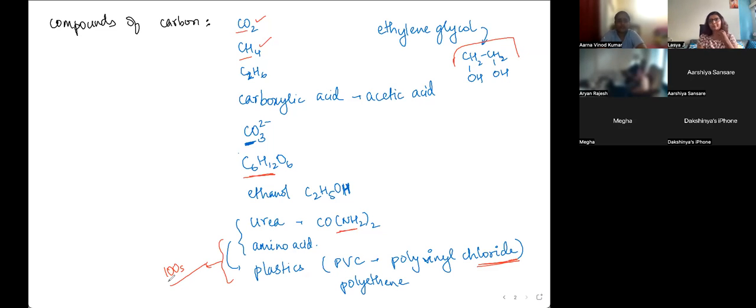So what is so special about carbon that all of this is possible with it? Why do we not have these sorts of compounds where, I don't know, chlorine or oxygen is the backbone? Why carbon only? Carbon is special because it has 2 specific properties.